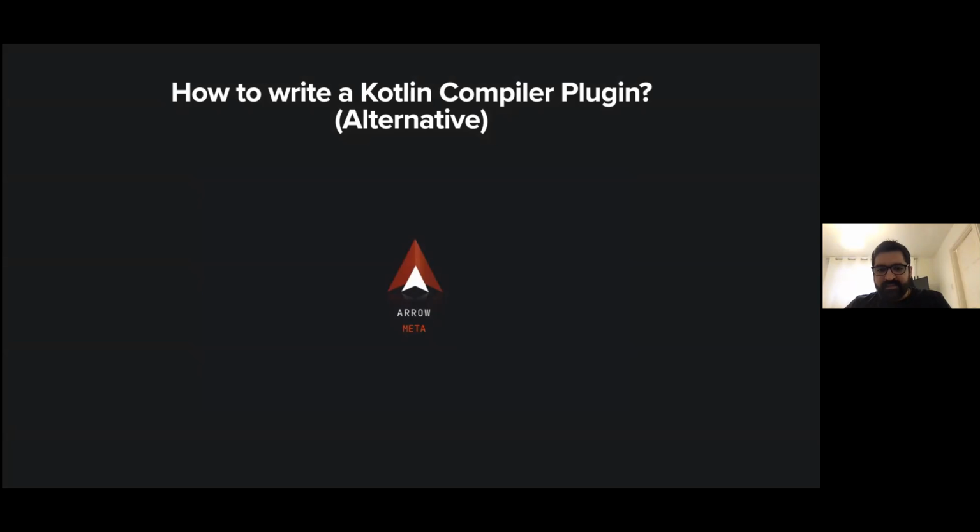They say that it is used for metaprogramming, and it connects your Kotlin code to the Kotlin compiler plugin and API in a very friendly way. I'm going to show you just quickly.